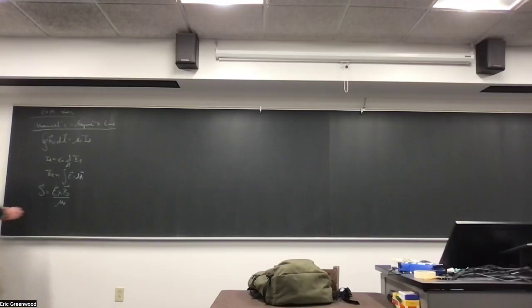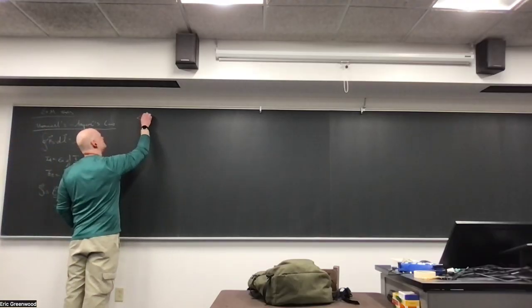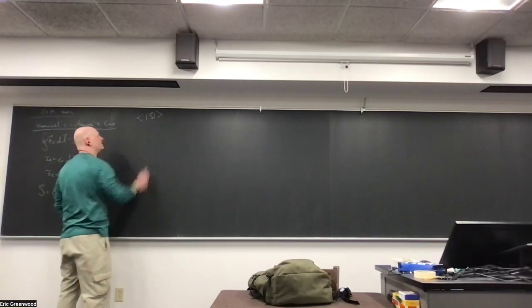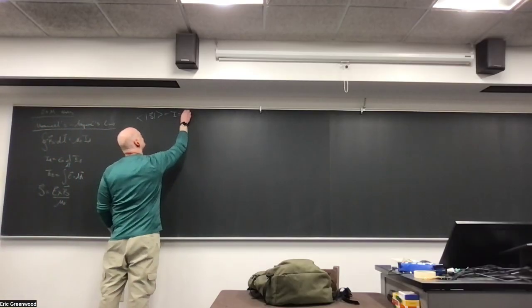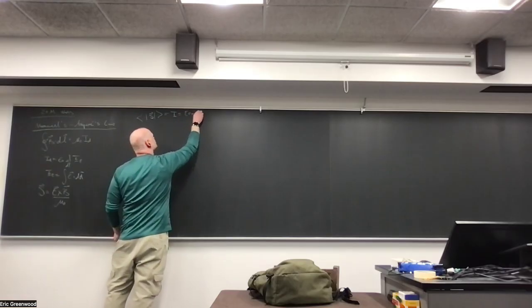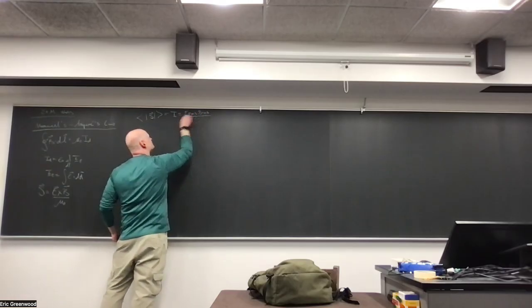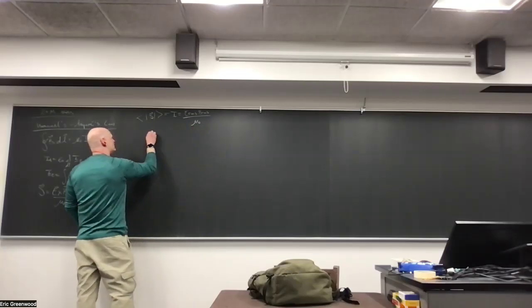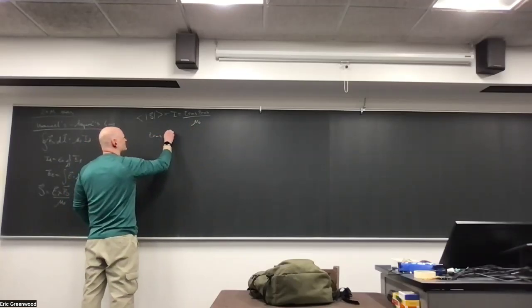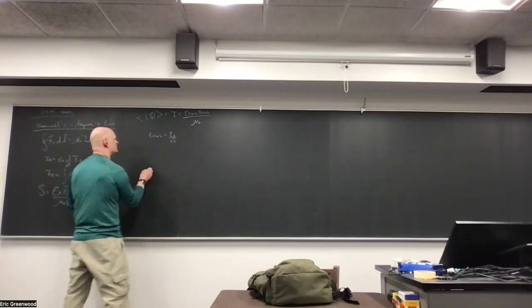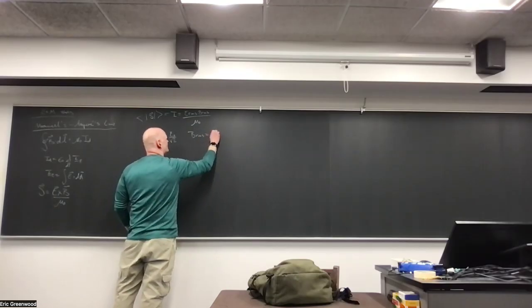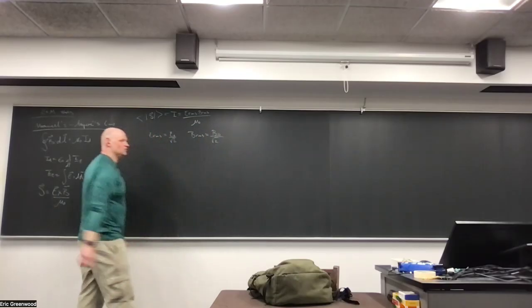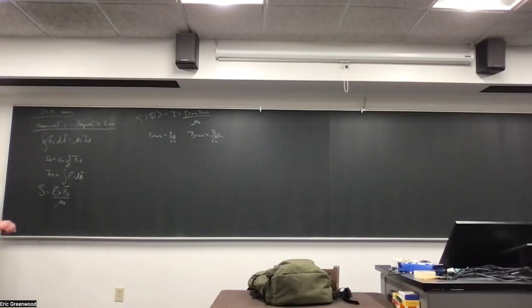The time average of the magnitude is what we call the intensity, equal to the RMS value of the electric field times the RMS value of the magnetic field divided by mu naught, where the RMS value of the electric field is related to the amplitude of the electric field by the square root of 2. And the same thing is true for the magnetic field: the amplitude of the magnetic field divided by the square root of 2. So that's that. After that, we did what?